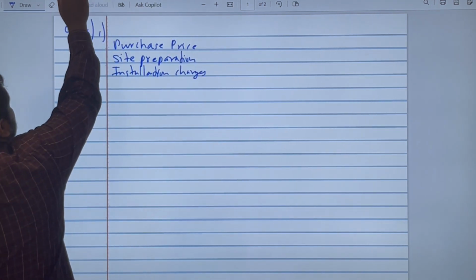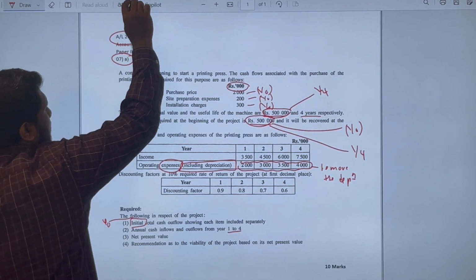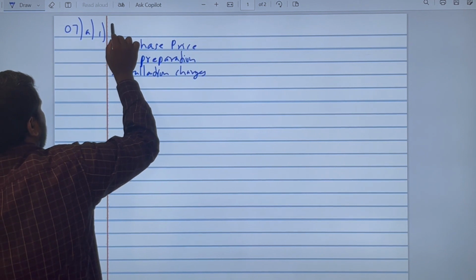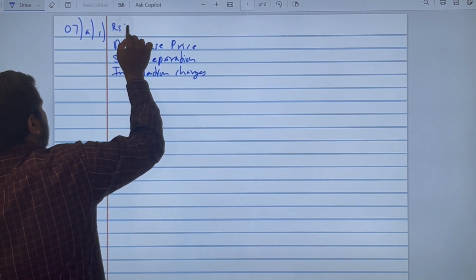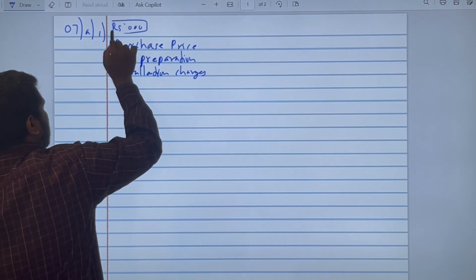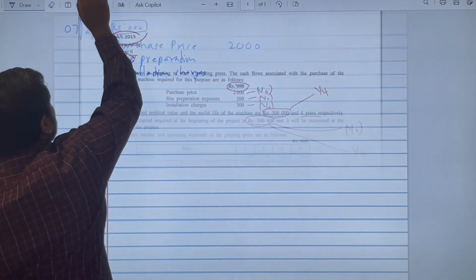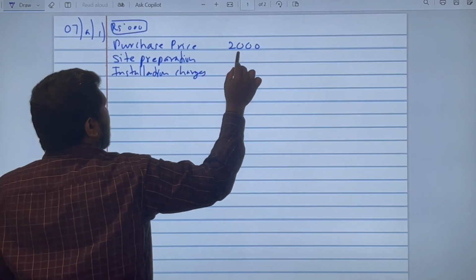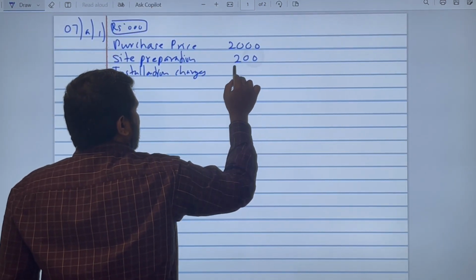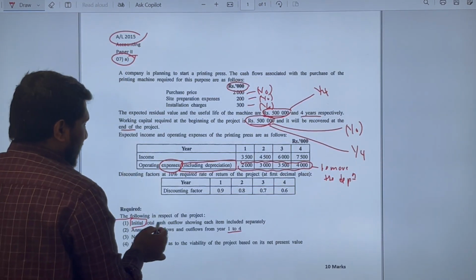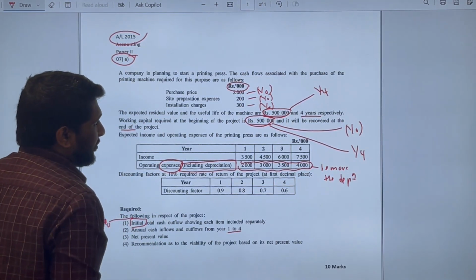Installation charges, what are the values? 2000, 200, 300. I'll do the calculation in rupees thousands: 2000, 200 and 300. And we are not done, because we have to take everything, initial cash outflow, each item.